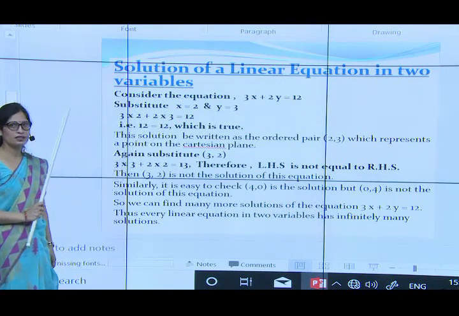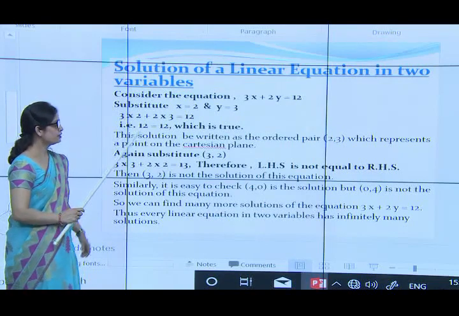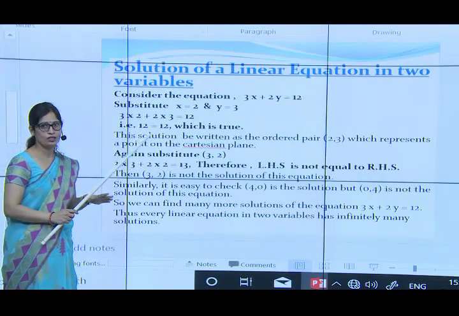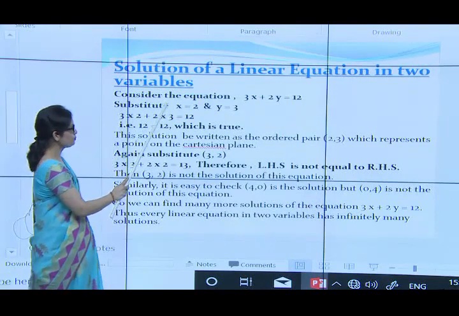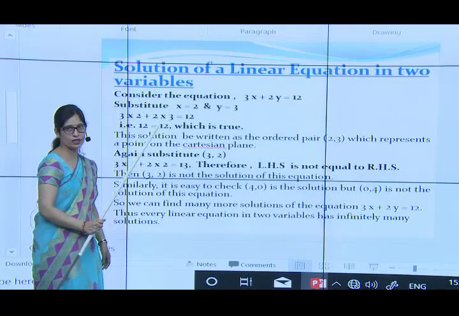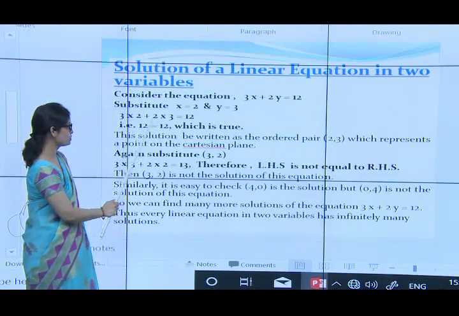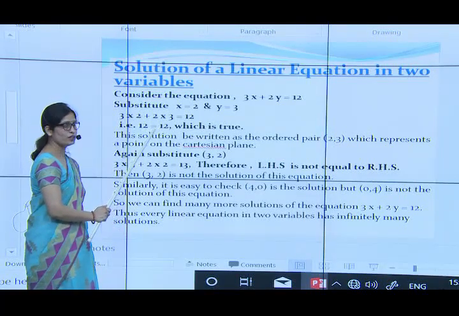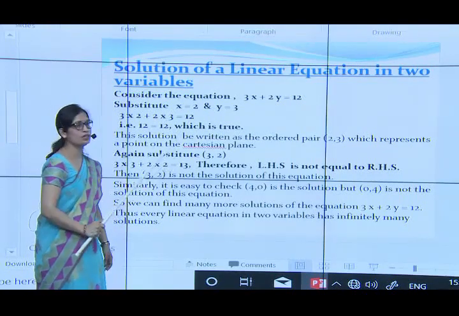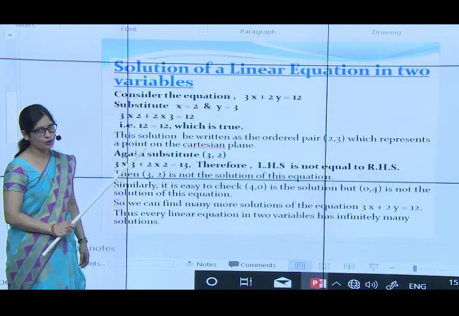And we have discussed in the earlier slide that if any value satisfies the equation, that will become the solution. So here this pair, x equal to 2 and y equal to 3, after putting it satisfies the equation. Hence we can say x equal to 2 and y equal to 3 is a solution of the equation.